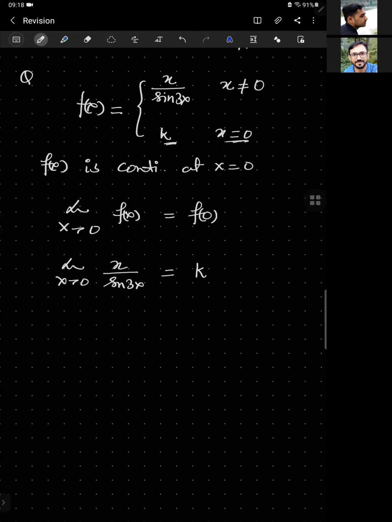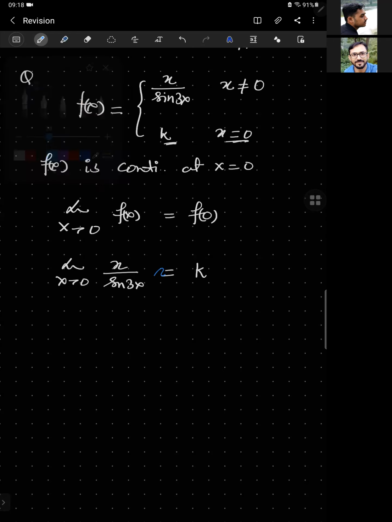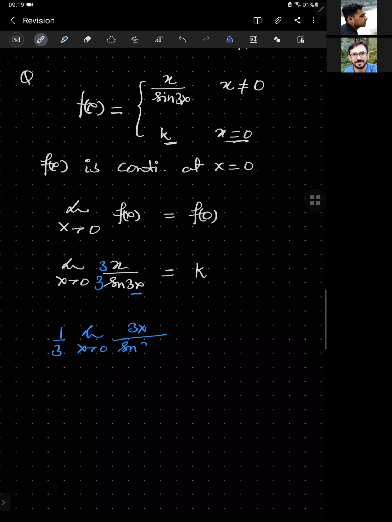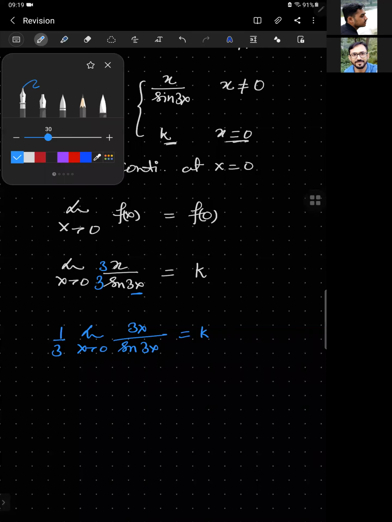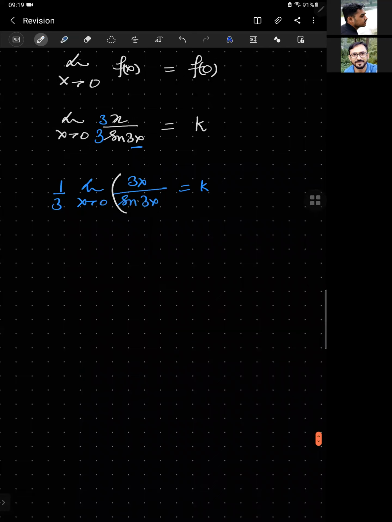Now to simplify it, I'm taking 3x, so I'm multiplying it by 3 and dividing by 3. So 1 upon 3, limit of x tends to 0, 3x upon sin 3x equals k. Now we know very well that sin x upon x is 1.